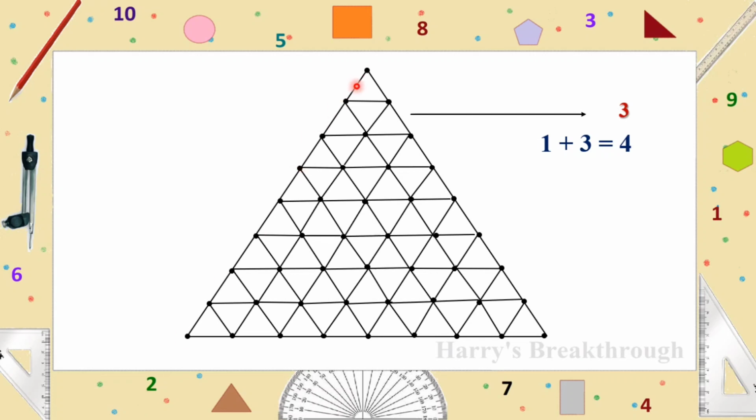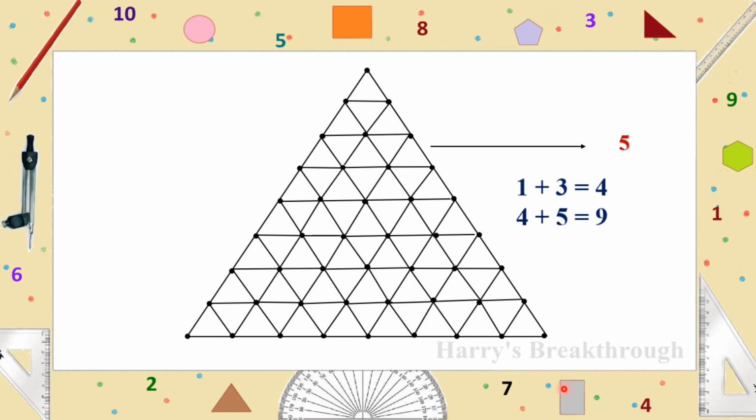So, a total of 4 triangles are there in the first and second rows. Now, in the third row, there are 5 triangles. So, 4 plus 5 is equal to 9. So, there are 9 triangles in these 3 rows.